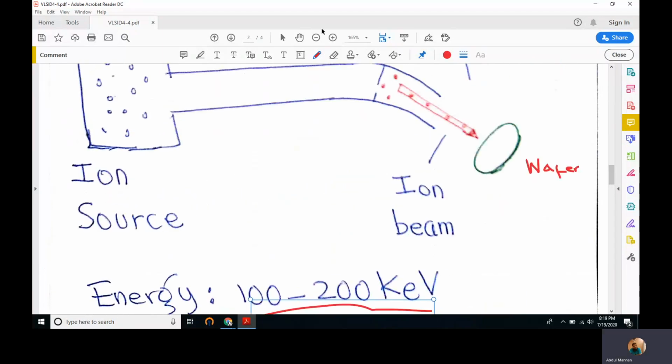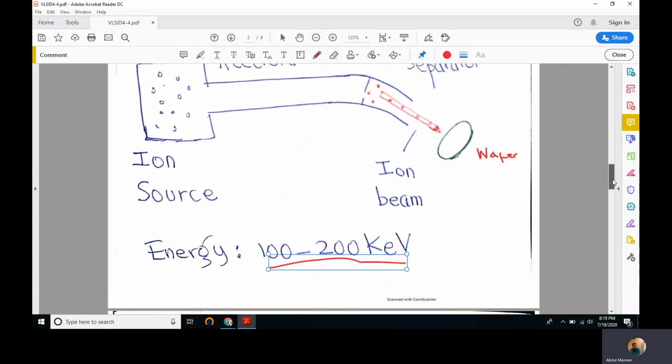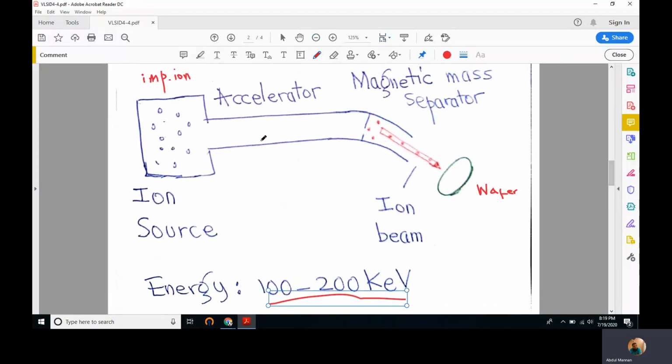So they are heated up in a chamber such that they convert into ions, and then they are accelerated in an accelerator, and then they are passed through a magnetic mass separator that separates N-type or P-type impurity ions, and then using this pointing gun, a part of a wafer or the full wafer is doped, right?